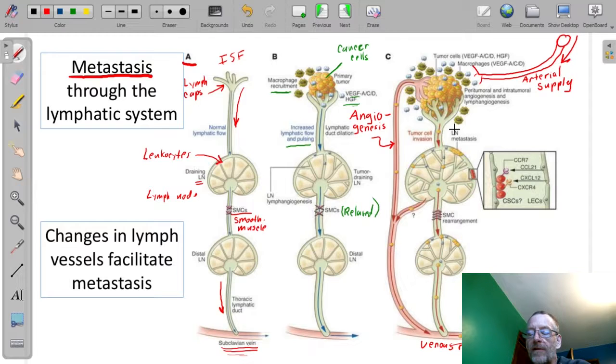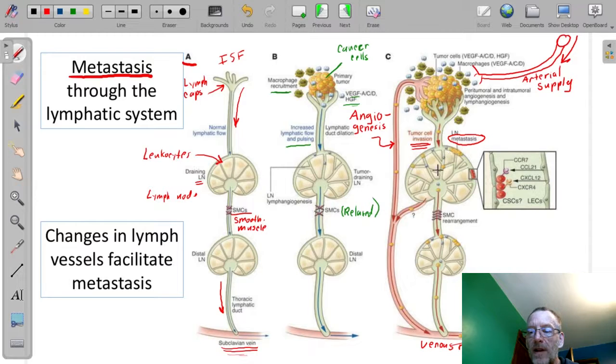And as the lymph vessels dilate and facilitate flow, some of the cells now break off of the tumor and they metastasize. And then they flow into another lymph node, distal to the site of the tumor. And this perhaps is one of the sentinel lymph nodes closest to the tumor. The cancer cells develop in the lymph system.